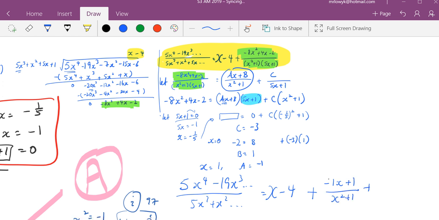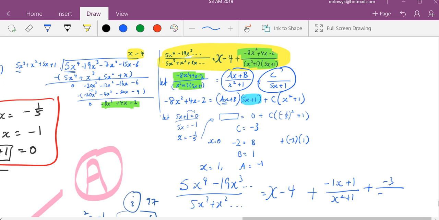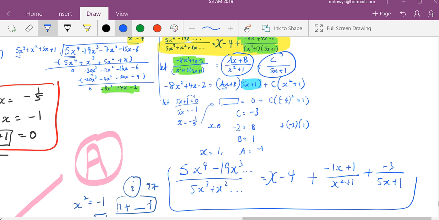This is the final answer. But this is not as good as if I were to erase this and put this as minus. This is even better.